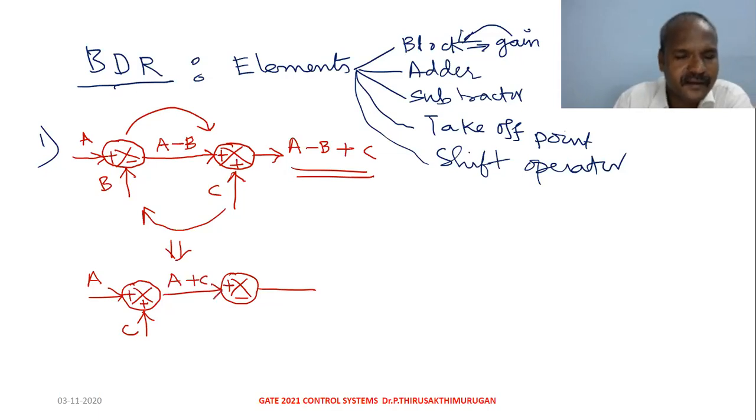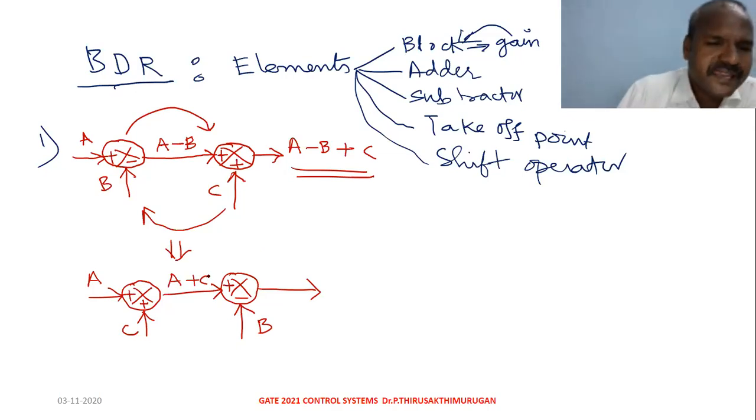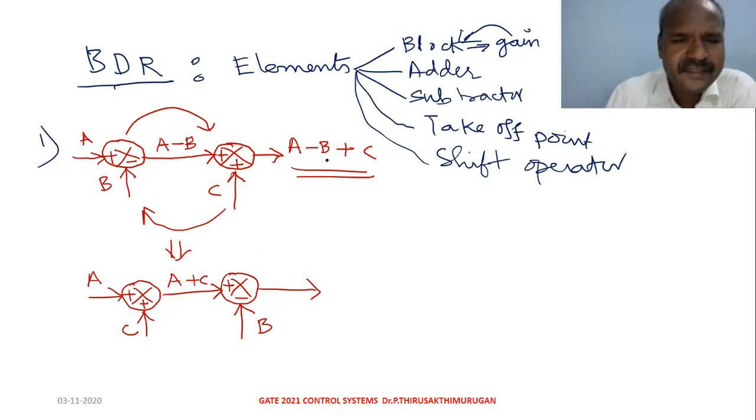While doing this block diagram reduction technique, the arrow mark, the flow direction, should be very important. So A plus C, and here we are subtracting B. Please note down very carefully: in this expression, we have to add a minus B. That's all. We can subtract at any stage.